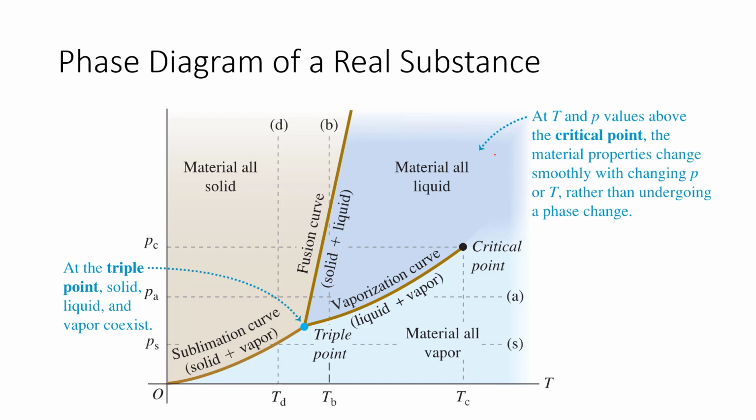Each point on the diagram represents a pair of values P and T. So any point you look on this diagram represents a specific value of P and T. Here it would be some pressure and temperature, here it would be some other pressure and temperature.